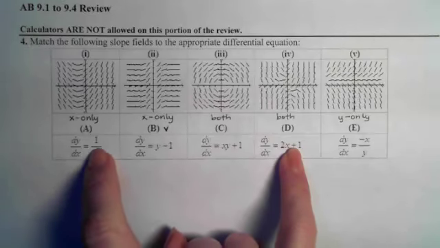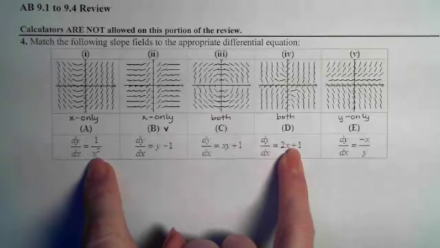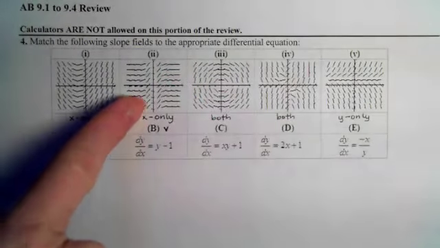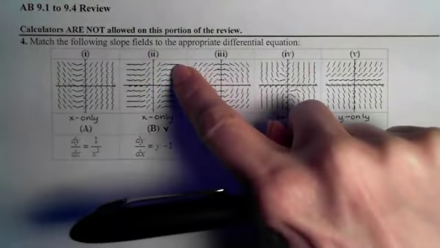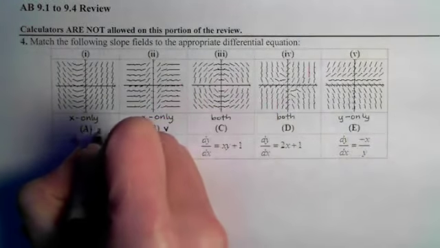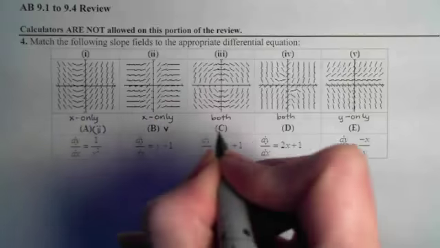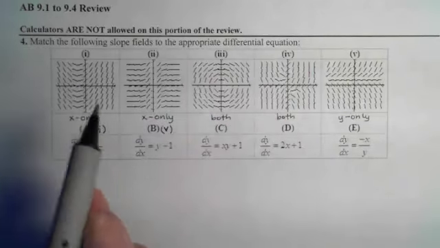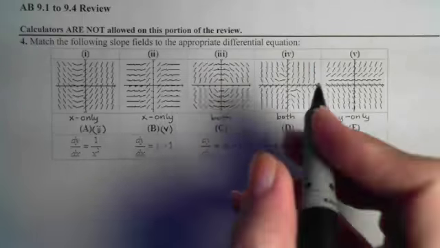So I would anticipate having some sort of asymptotic behavior going on in the slope field. And I can see that here my slopes are getting steeper as I come either from the left or from the right. So I would say that A goes with Roman numeral 2. That means, by elimination, that this one is going to have to belong to D.